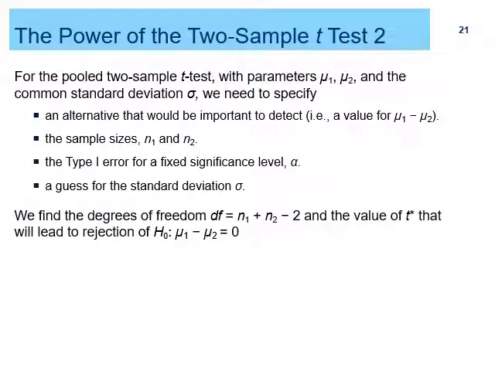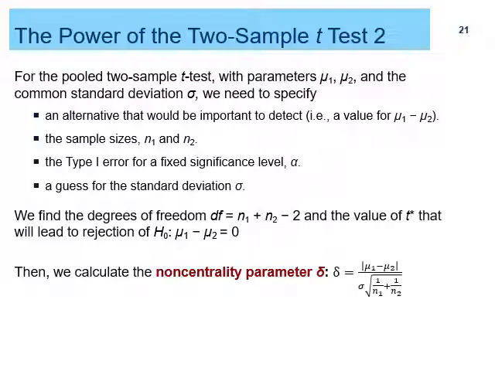We find the degrees of freedom is n1 plus n2 minus 2 and the value of t critical that will lead to rejection of the null hypothesis. Then we calculate the non-centrality parameter, which is equal to the absolute value of mu1 minus mu2 divided by sigma times the square root of 1 over n1 plus 1 over n2.